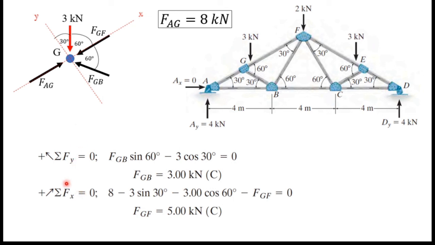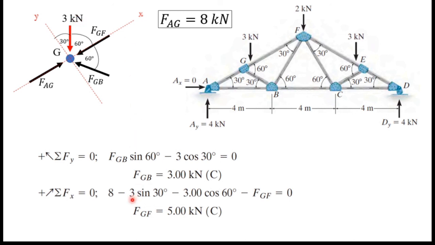Next I am going to consider the x-axis direction, right? So here I can write this force FAG. Instead of FAG, I substitute the value of 8 because in the previous calculation at joint A we found FAG equals 8. Then minus 3 sine 30, that is the x component of this 3 kilonewton force.